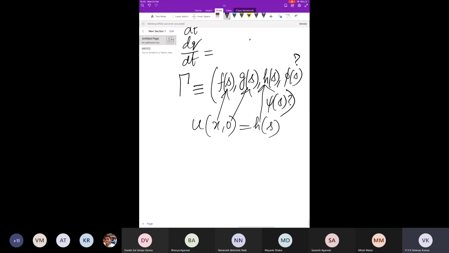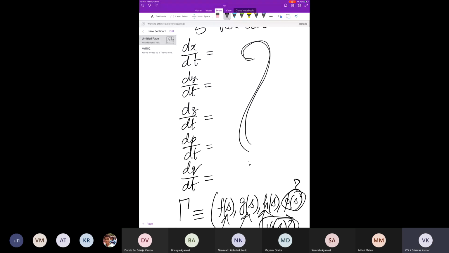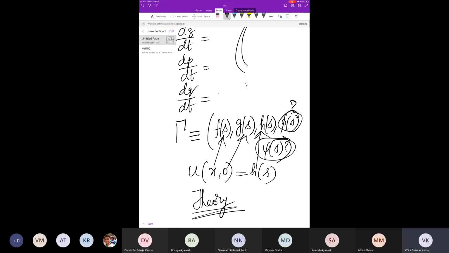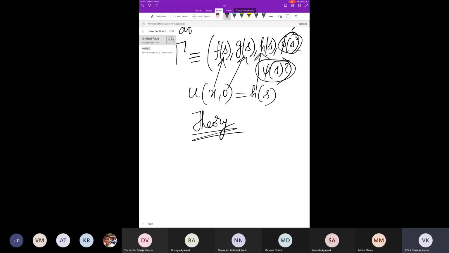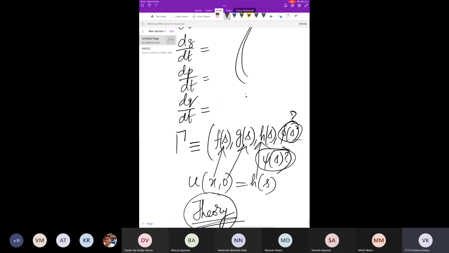So we need to develop a theory which will give us these, and also the characteristic equations, and using these 5 equations with these 5 data, we will see the theory first and then go to problem sheet 3.